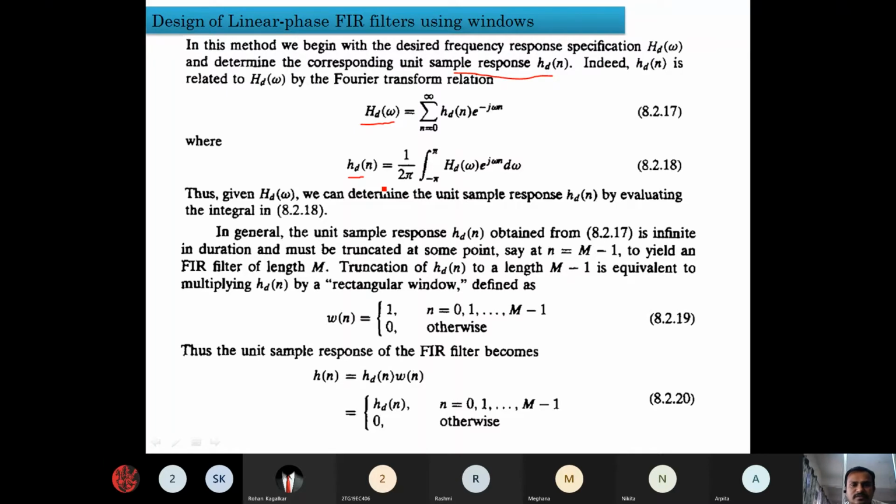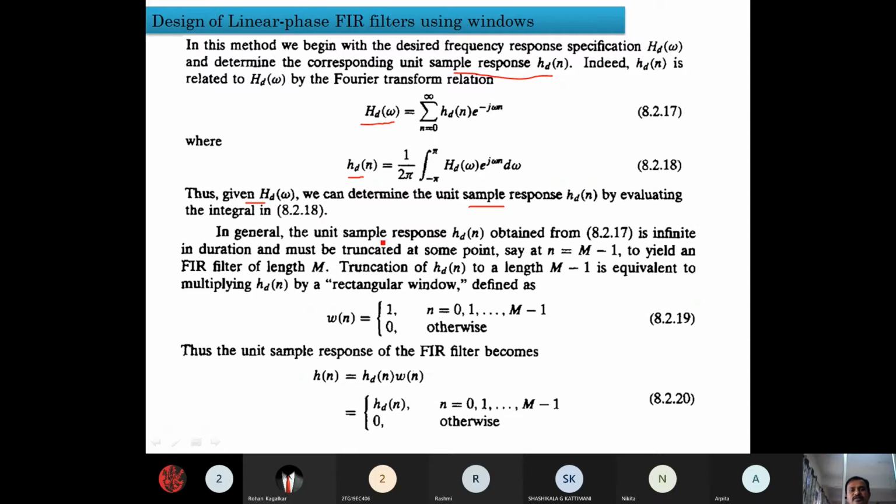So that is the equation for the desired frequency response and the corresponding unit sample response. Thus, given the frequency response, we can determine the unit sample response by evaluating the integration of the frequency response capital HD of omega.